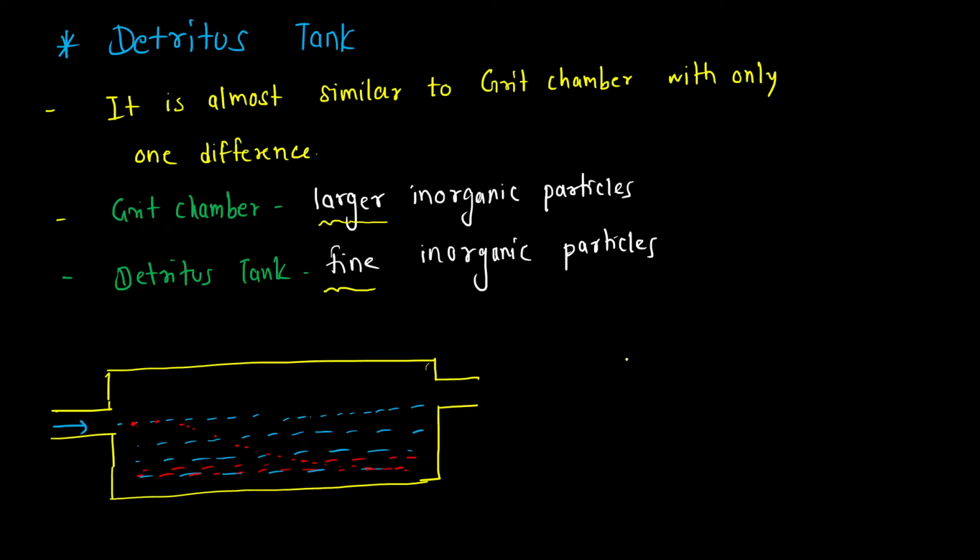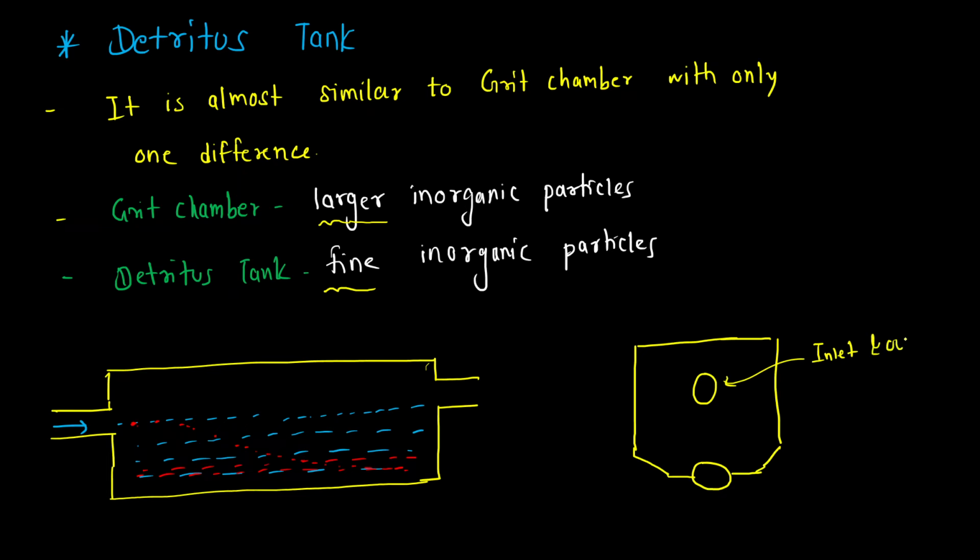If you see the cross section, then it will look like this. So this is the inlet and outlet.